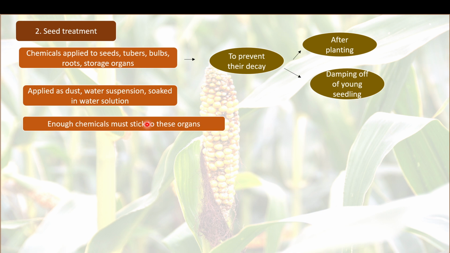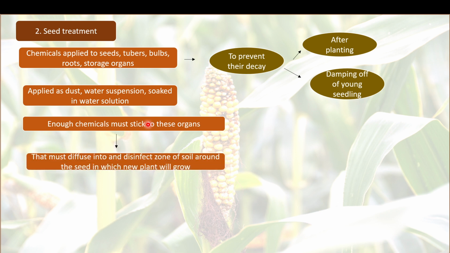Because if chemicals do not stick in a proper way, it will not be effective. So these chemicals must diffuse into and disinfect the zone of soil around the seed in which the new plant will grow. So these chemicals must diffuse into your seed properly, so that the new plant will grow healthy and remain disinfected.